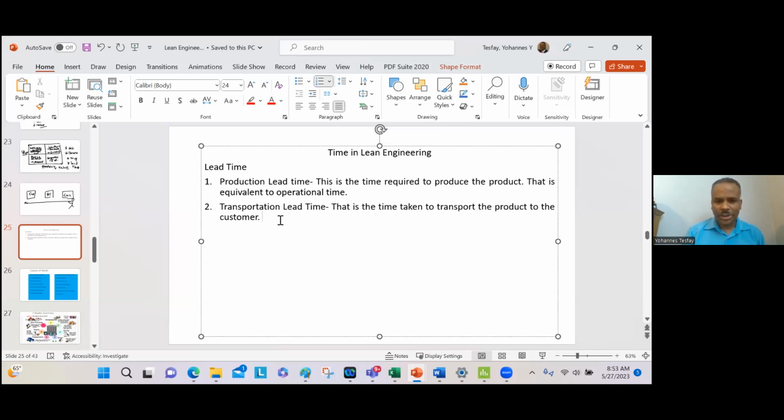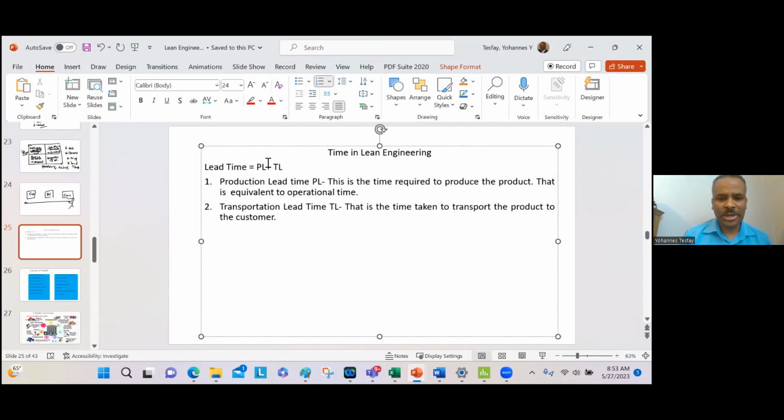So overall, lead time is equal to production lead time plus transportation lead time.